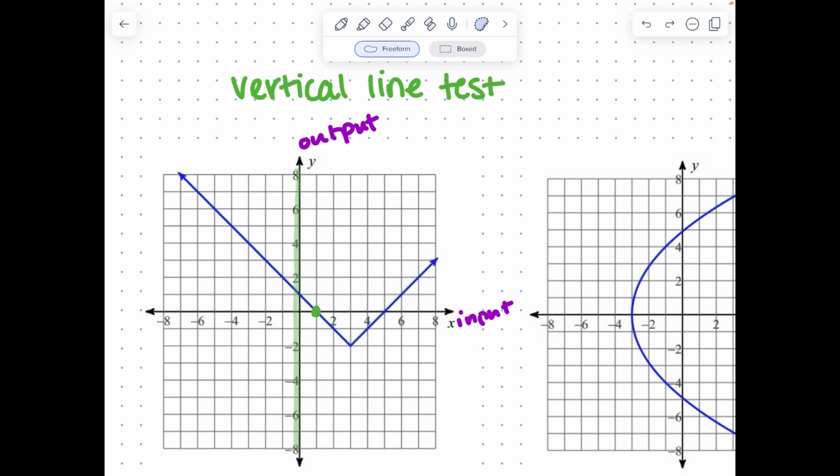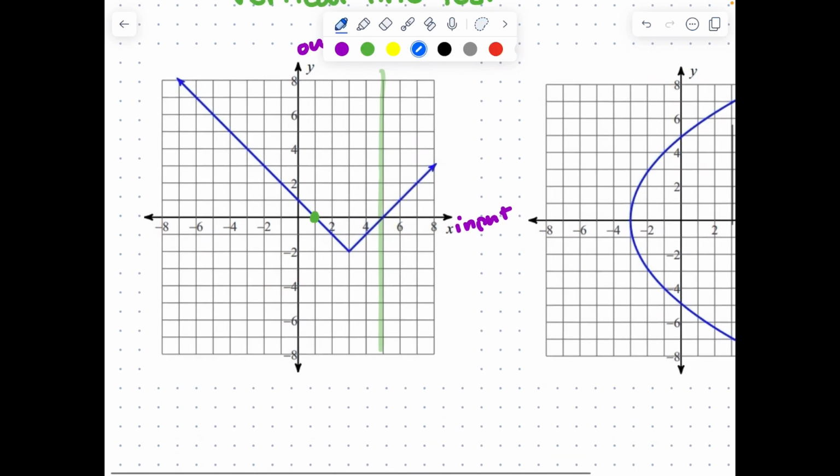It crosses at positive 1. And here, my x is about negative 2.5, and it's crossing at about 3.5. So as long as it's only crossing once, that means any input only has one output, and this would be a function. So I'm going to label this first graph as function.